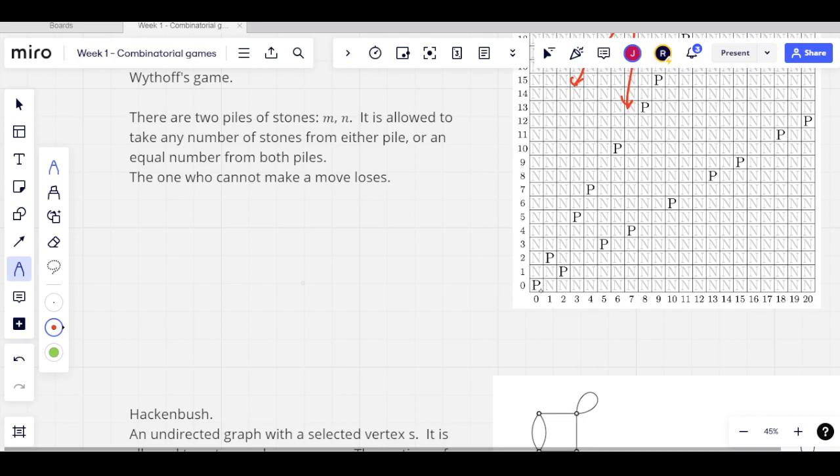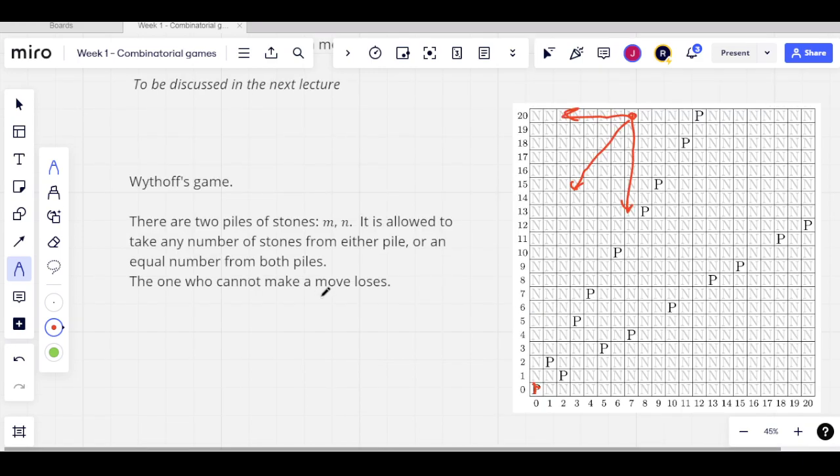The base of the DP will be: this cell will be a loss, and this will be a win. And notice that if we iterate through all this array in trivial order, we start from this and move like this and so on.